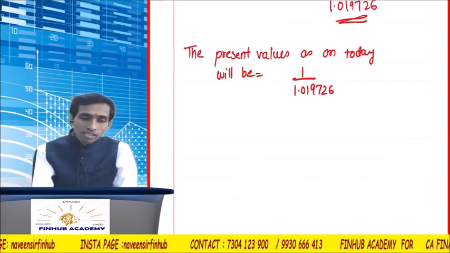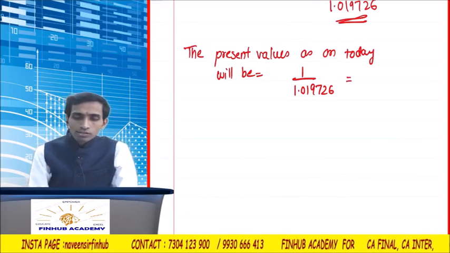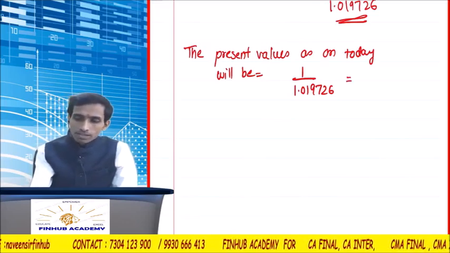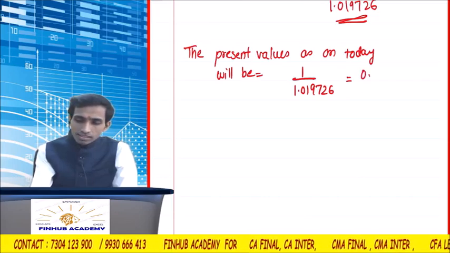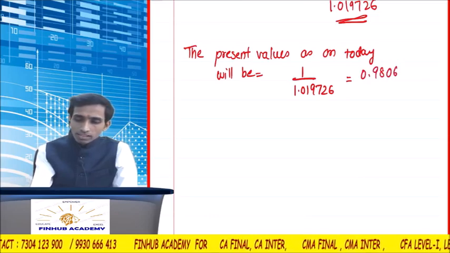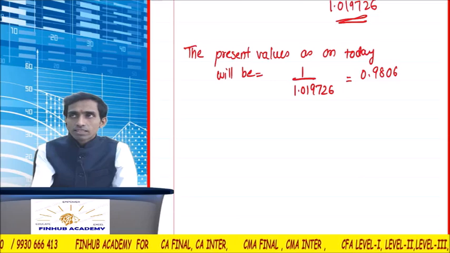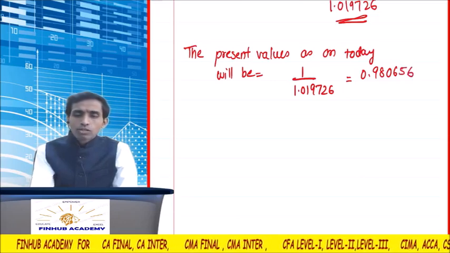So next, listen. Give me the present value, how much? 0.9806. Is there any digits further? 6 digits at least, whatever it is.